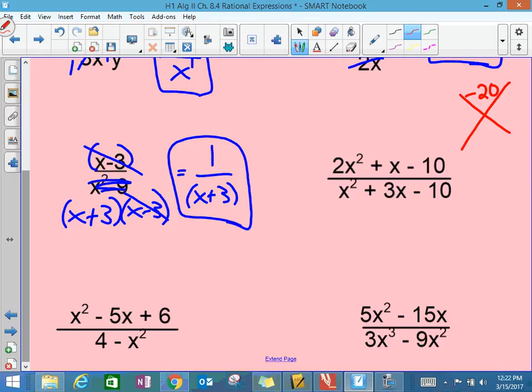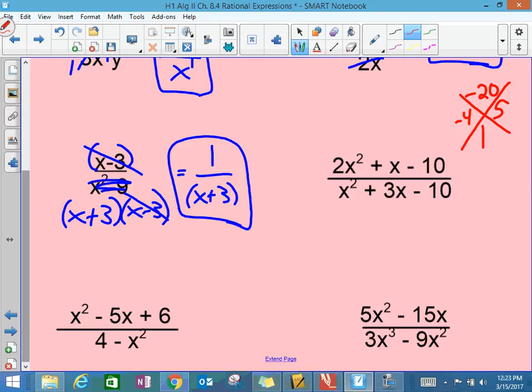So we ask what multiplies to negative 20 and adds to 1? No, that's going to add to like 19. Well, what multiplies to negative 20 and adds to 1? 5 and negative 4. So I'm going to put negative 4 there and 5 there. Okay. And what do we do next?